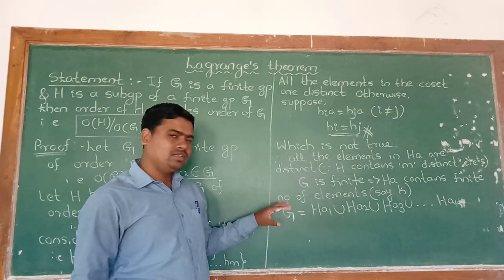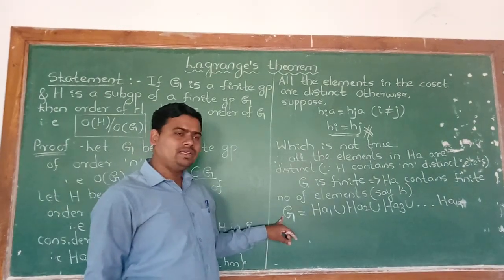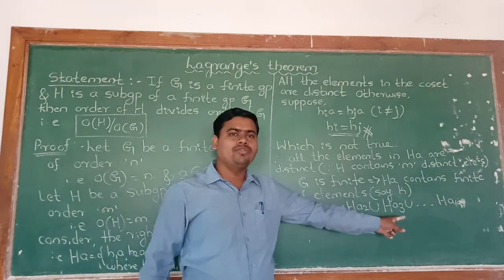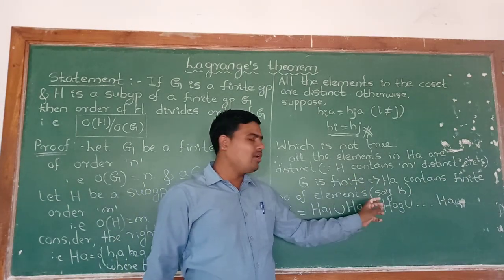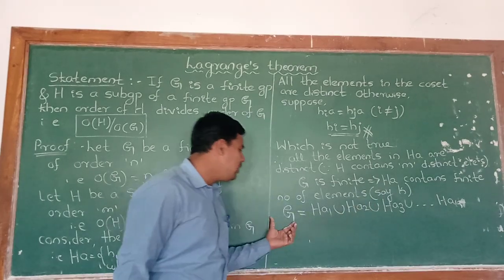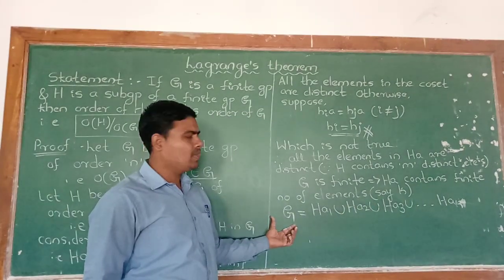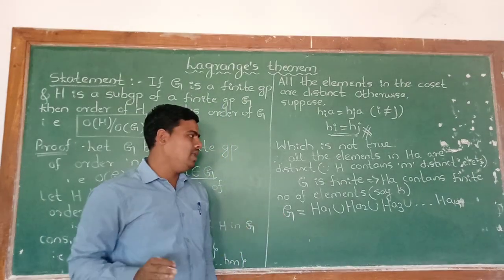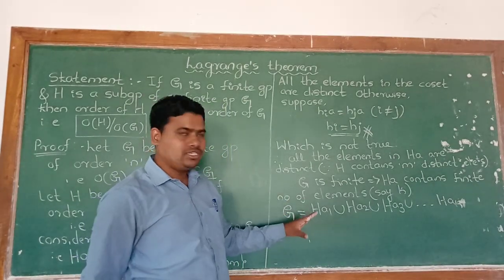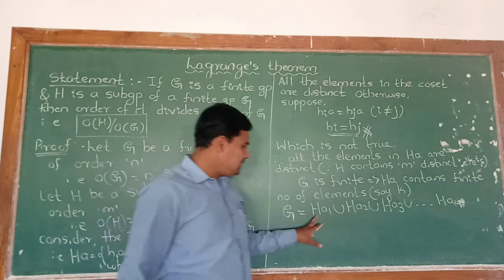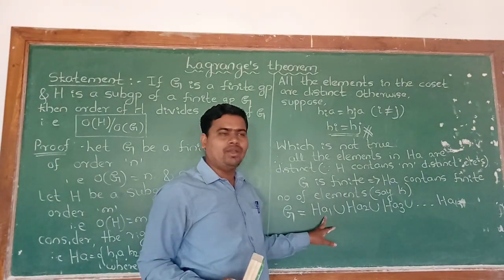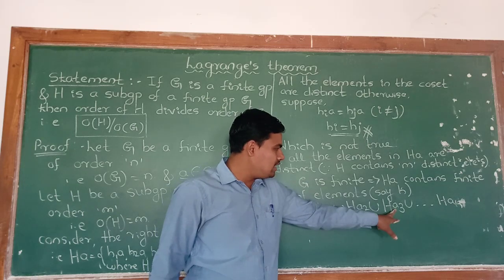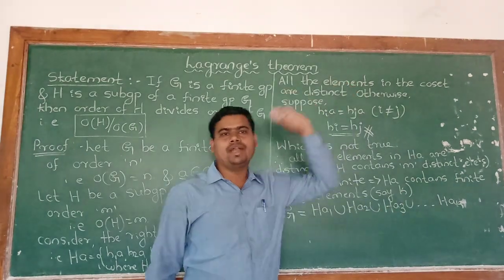This equation says that the union of all the k number of right cosets is equal to G. We know that the order of G is n and the order of Ha is m. This Ha1 contains m number of elements, Ha2 contains m number of elements, Ha3 contains m number of elements, up to k times.